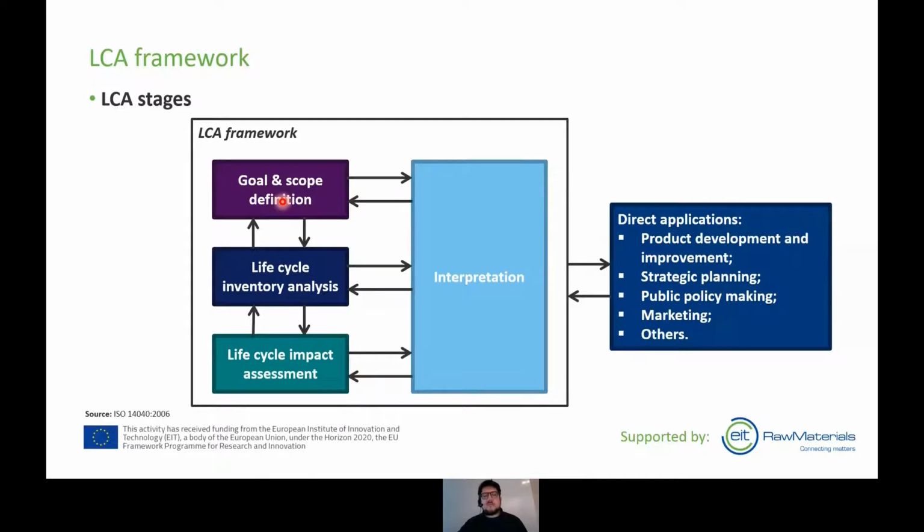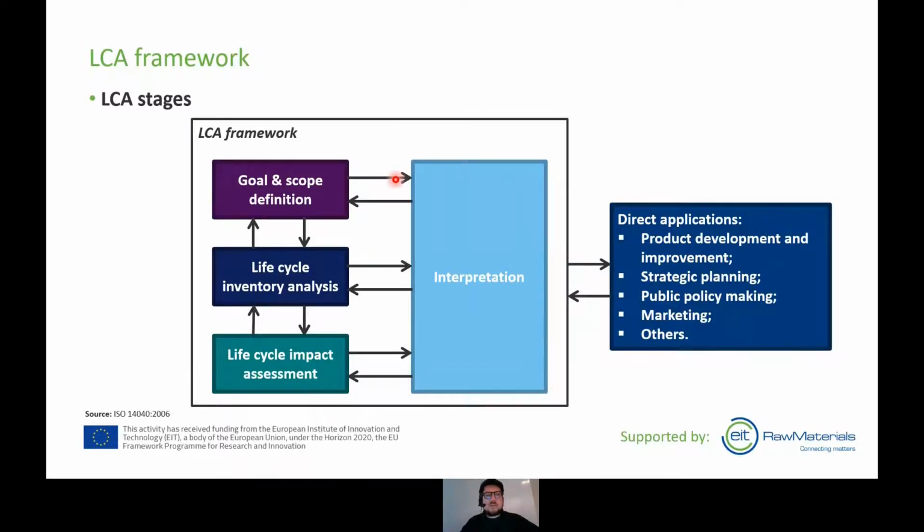The third point will be the impact assessment, and finally the interpretation. As you can see here, it can be an iterative process. So it doesn't mean that if you finish something, the analysis is done. You can make some adjustments and go back to the first, second, or third step.